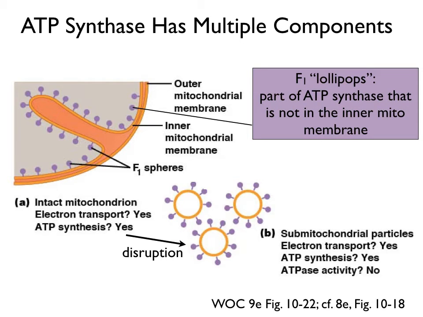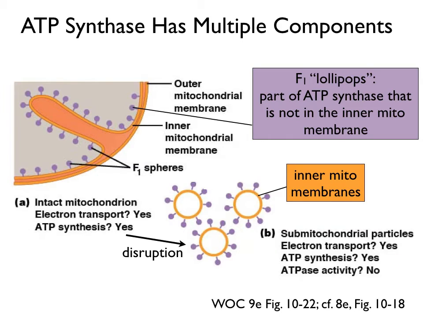All right, so these lollipops are actually the F1 subunit of ATP synthase. We'll look at the detailed structure in a minute, but this is the part of the ATP synthase that is not in the intermitochondrial membrane. Right, again, these spheres are intermitochondrial membranes, and what we were able to show with this experiment is that you can reconstitute in miniature what's going on in the intermitochondrial membrane and the intramembranous space in these little vesicles.